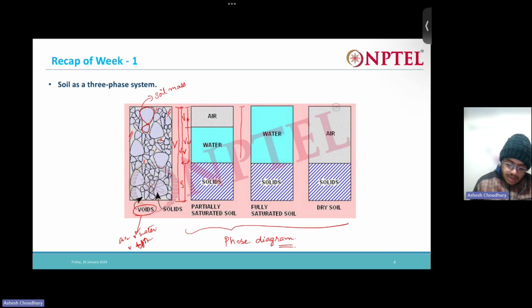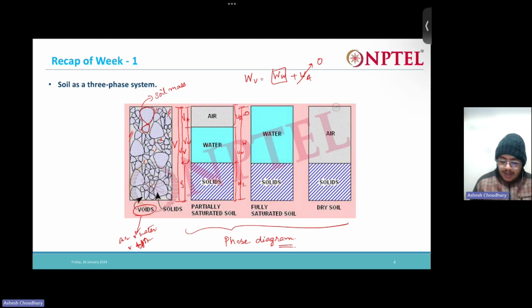Similarly, this is the total weight W. Here we have the weight of solids and we have the weight of water. We have the weight of air. So air is weightless, we can consider it to be zero. Right? So weight of voids is equal to weight of water plus weight of air. This is zero.